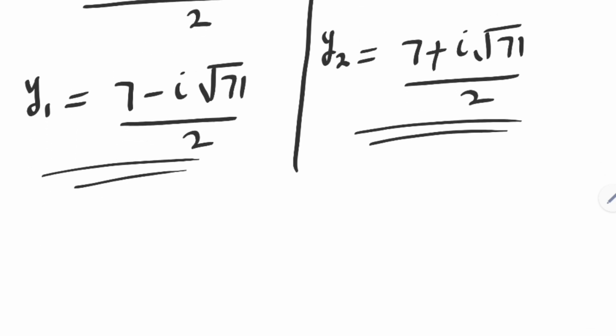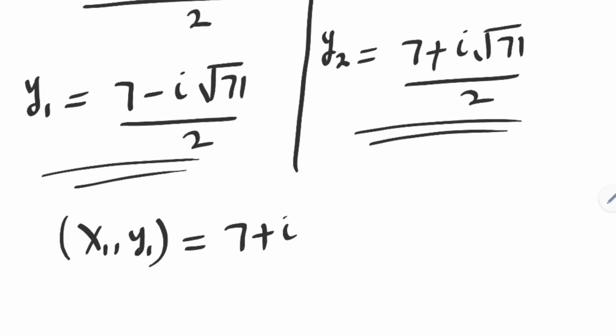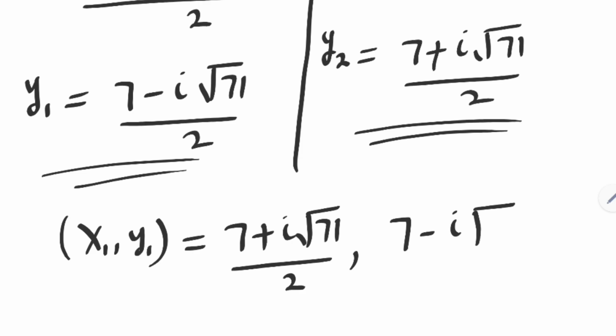Therefore, our final answer are x1, y1 is equal to 7 plus i root 71 divided by 2, 7 minus i root 71 divided by 2.